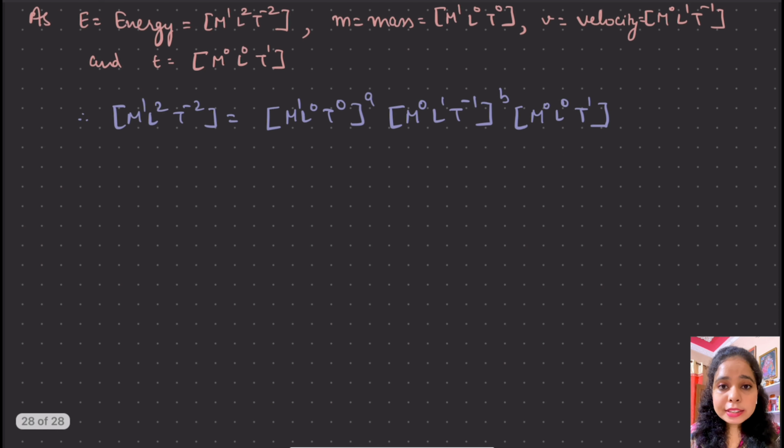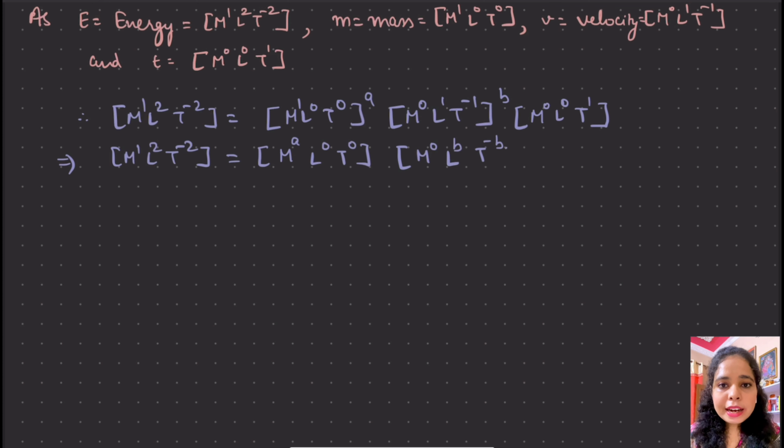Now we will take the powers inside the brackets. So we have M1 L2 T minus 2 is equal to M1 into a, that is M raised to power a, because the power of L and T is 0, therefore L0 T0. And then in the next bracket we have M0, L raised to power 1 into b, that is b, and T raised to power minus 1 into b, that is minus b. In the last bracket we have M0 into c, M0, L0 into c, L0, T raised to power 1 into c, that is T raised to power c.